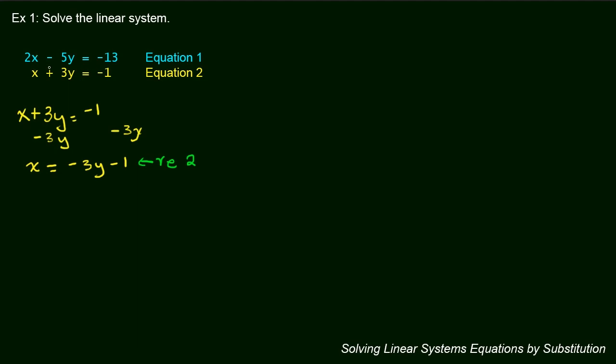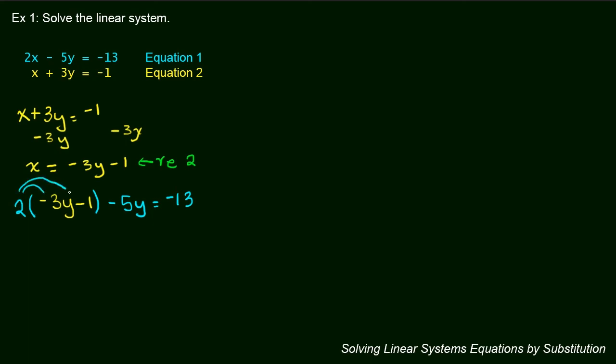So do that in blue. I am going to take x equals negative 3y minus 1, substitute it into the first equation, and instead of x, I am going to put negative 3y minus 1 minus 5y equals negative 13. And now I'm going to solve this equation for y.